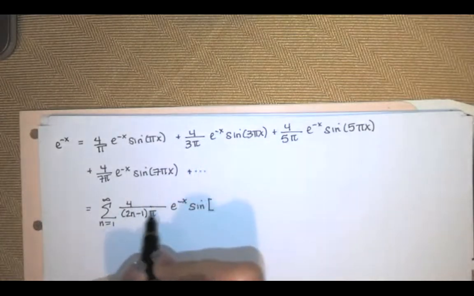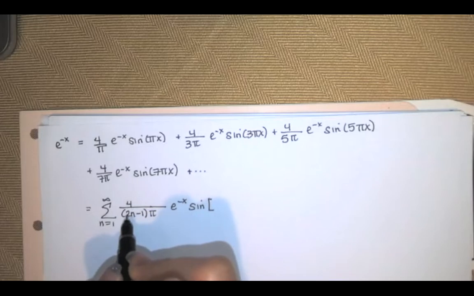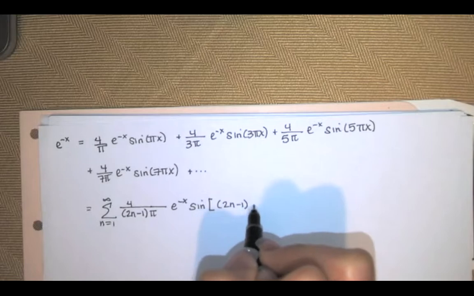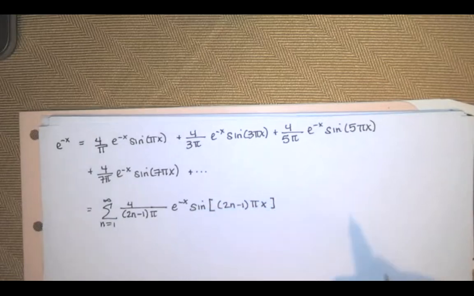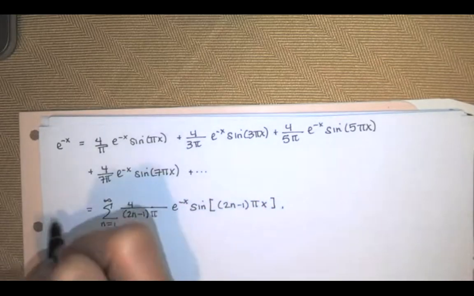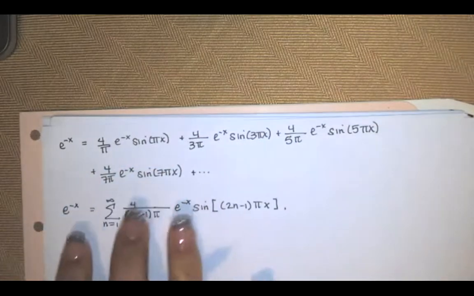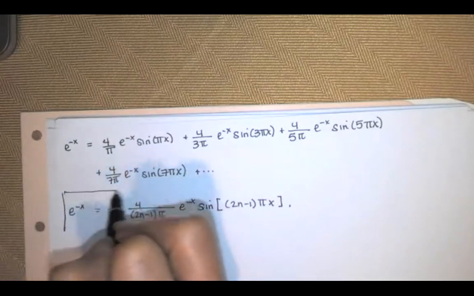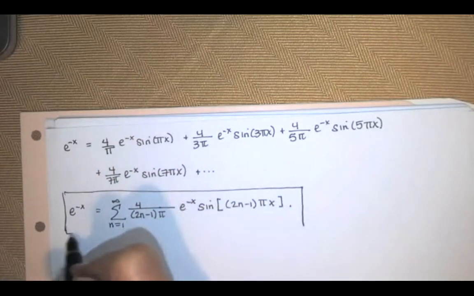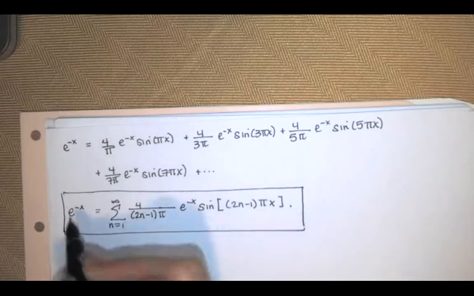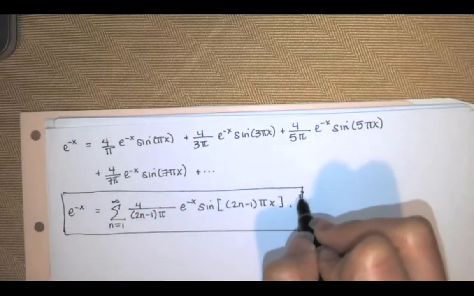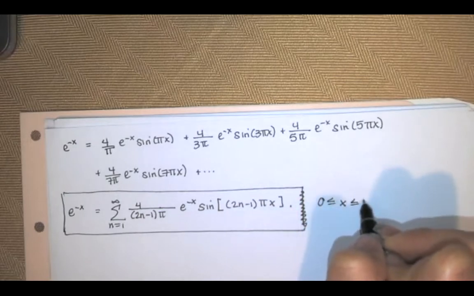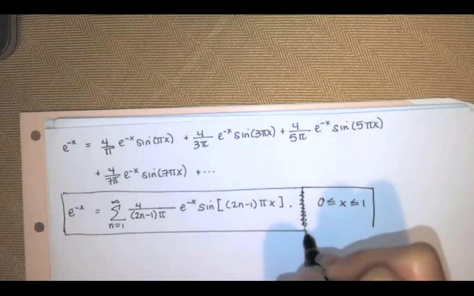So this 2n minus 1 times pi is that odd number multiplying pi, and then don't forget your x. This is another form of the solution to this problem. This infinite series on the right converges to this, and I guess we should be a little more specific, not all the time, just for x between 0 and 1.